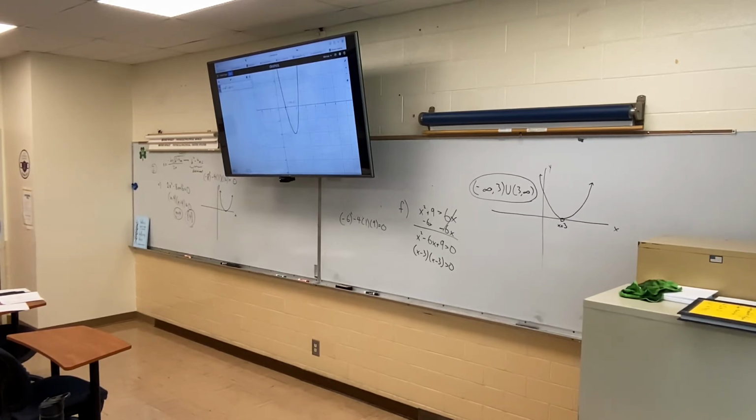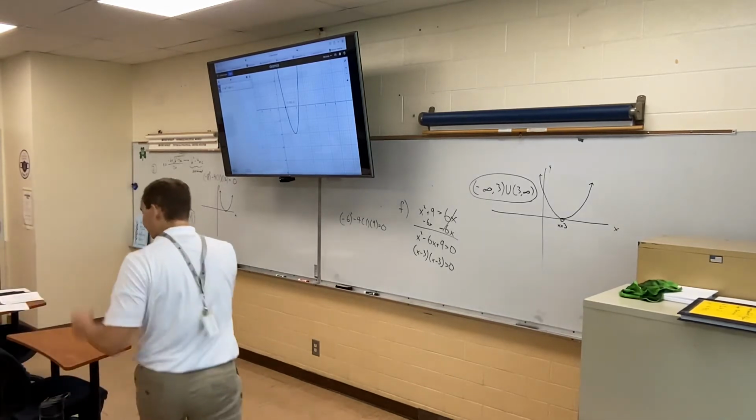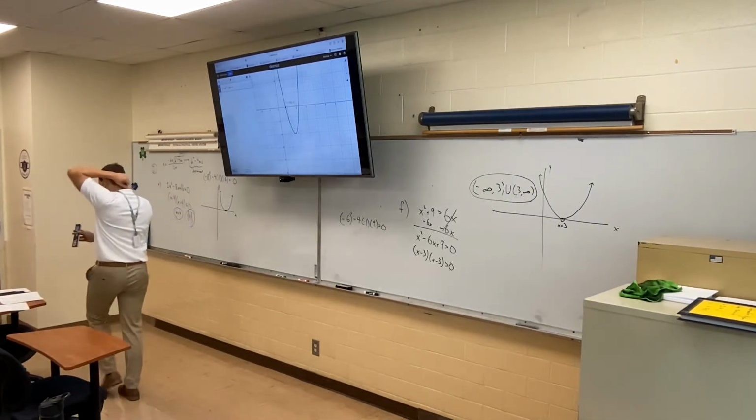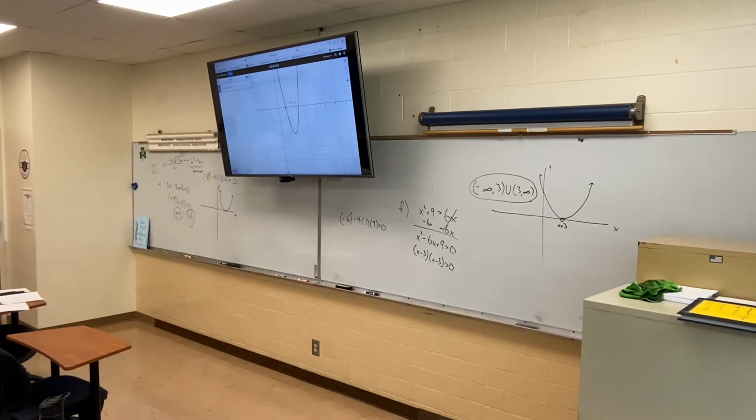Does anyone remember how to find zeros with your graphing calculator? Second calc. Yeah, so if I have my parabola graphed in my calculator, I'm going to hit second calc and go to calculate 0.